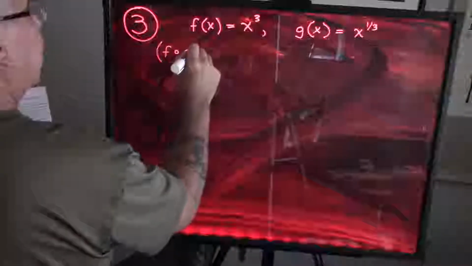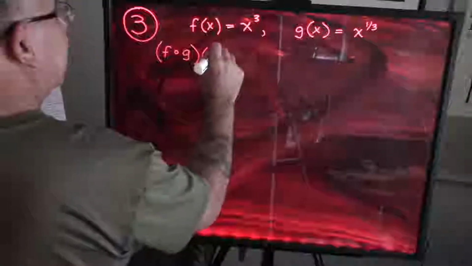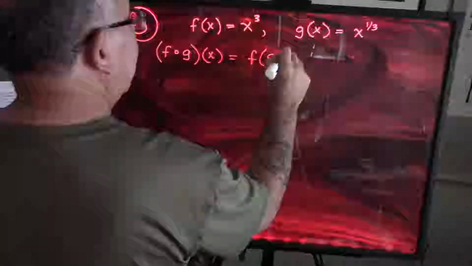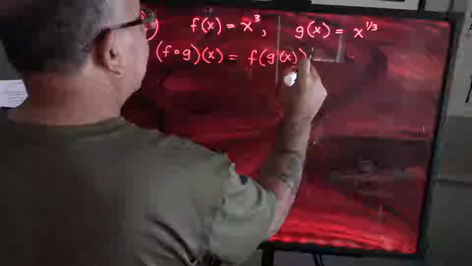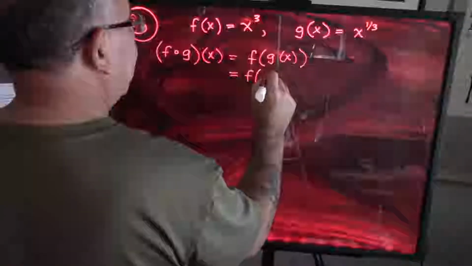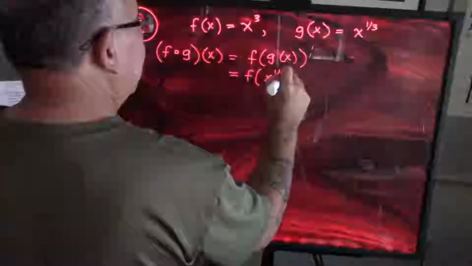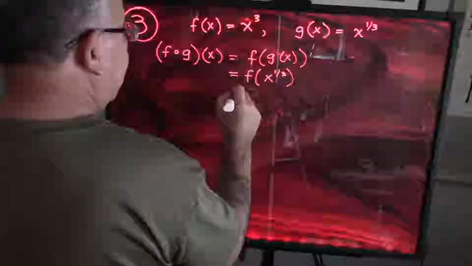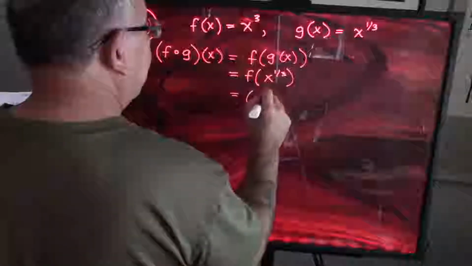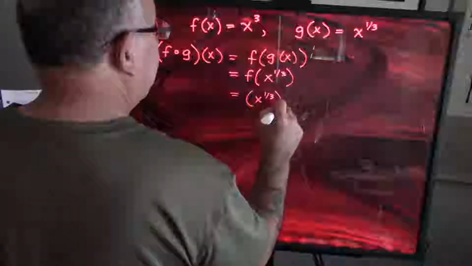F composed with g of x is equal to f evaluated at g of x, and that's equal to f of x to the 1/3, and that equals x to the 1/3 cubed.